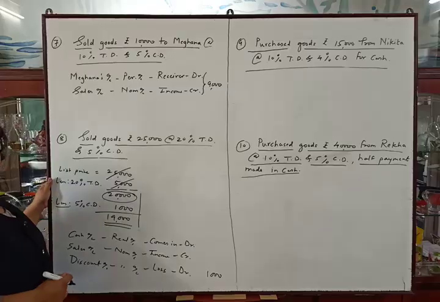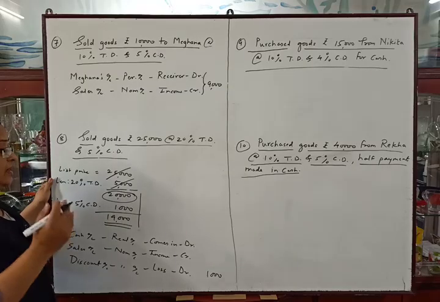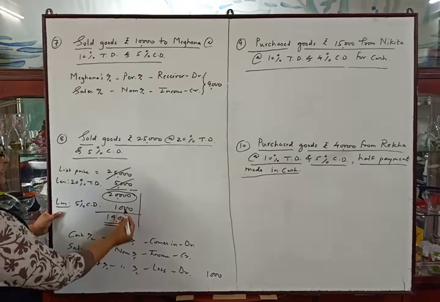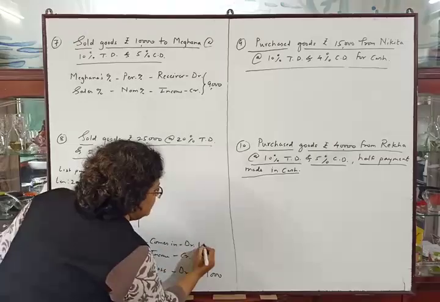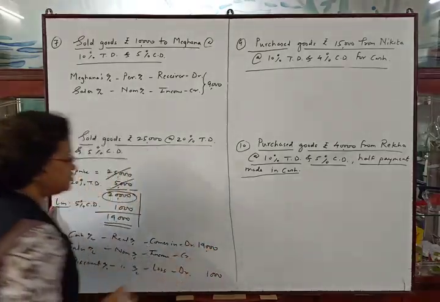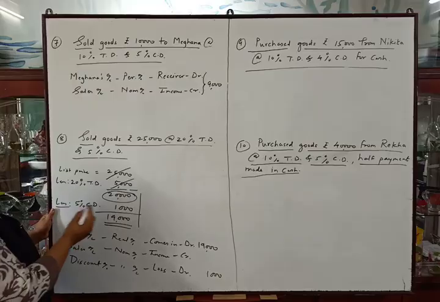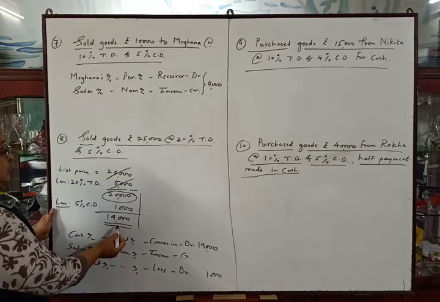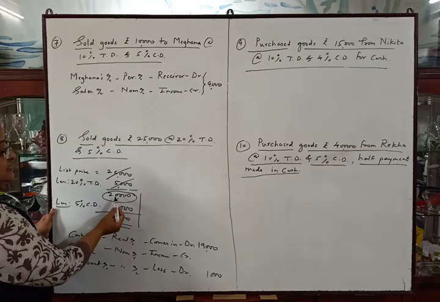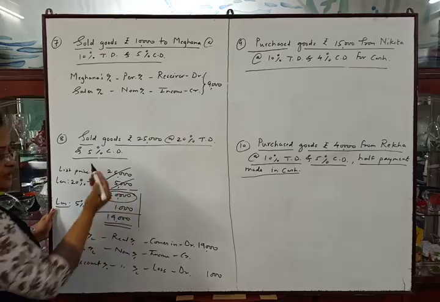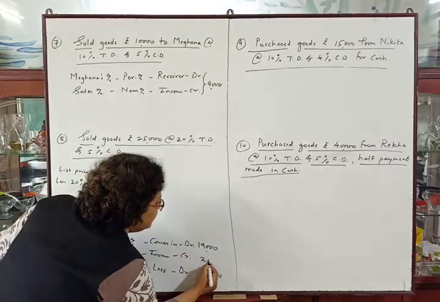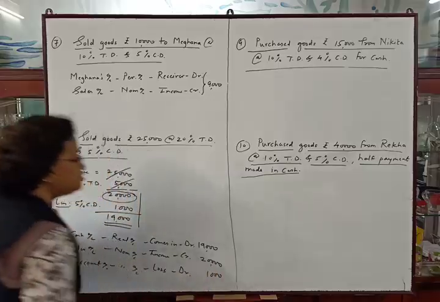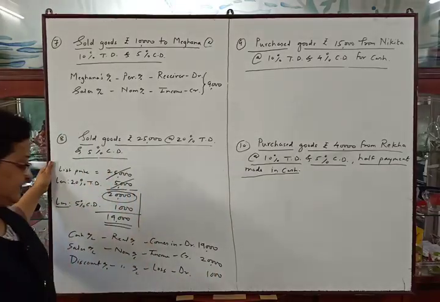Okay. Cash is coming in after deducting cash discount, that is 19,000. So cash comes in 19,000 after deducting discount. Original amount before deducting discount is 20,000. So sale is of 20,000 but we are getting cash 19,000.